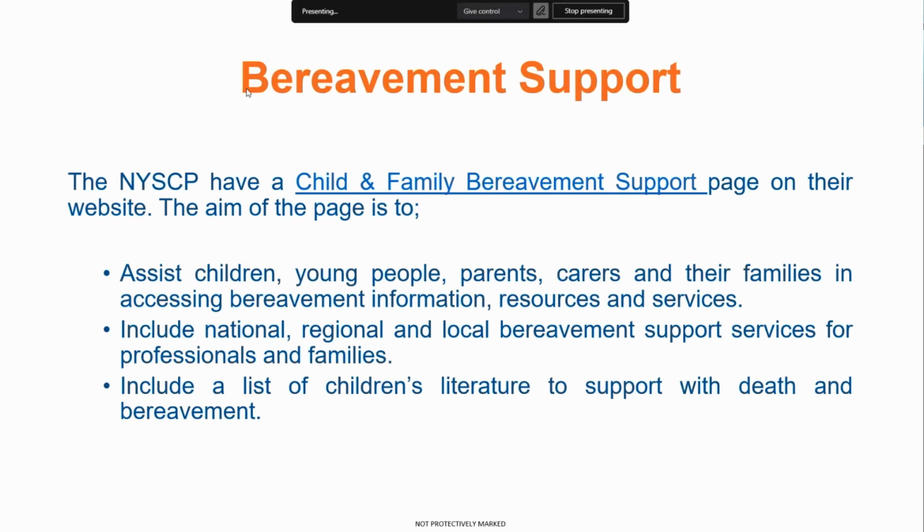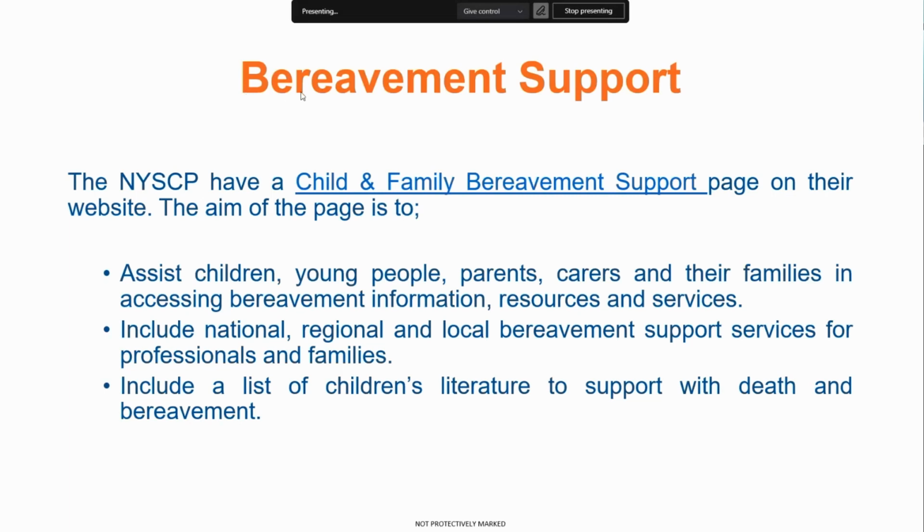We also include national, regional and local bereavement support services for professionals and families as well, because obviously we are aware that the death of a child or a young person can have an impact on professionals as well as people who were related and knew them or were friends. And we also include a list of the children's literature to support with the death and bereavement as well.